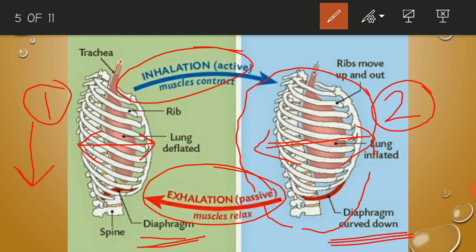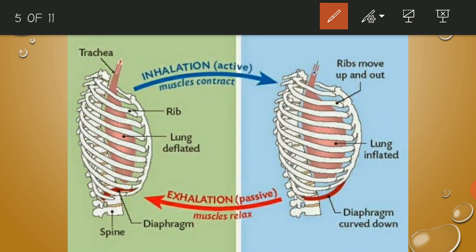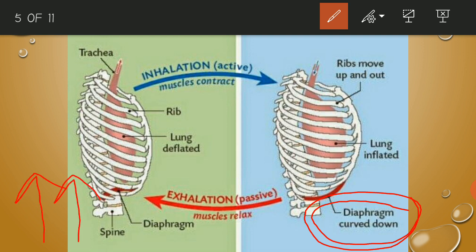So what happens? Now see here, the diaphragm which moved downwards again moves upward, and the intercostal muscles in between the ribs again relax. So the overall size of the chest cavity again decreases.